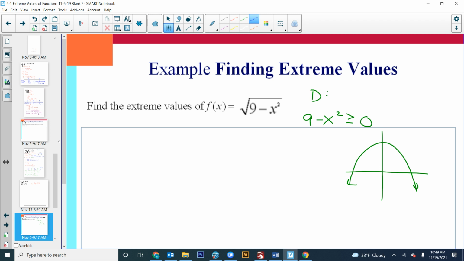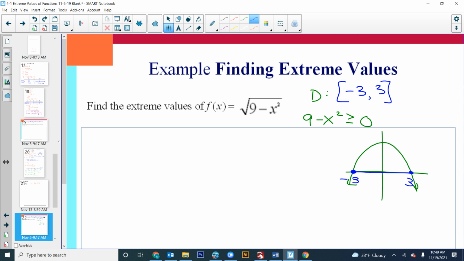When is this greater than or equal to 0? Between -3 and 3, inclusive. Guess what just happened? -3 and 3 became endpoints. Congratulations, you became an endpoint. You count for something now.